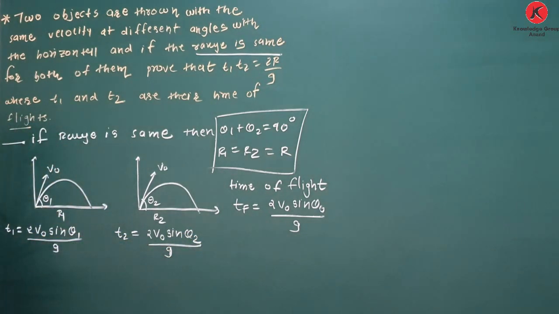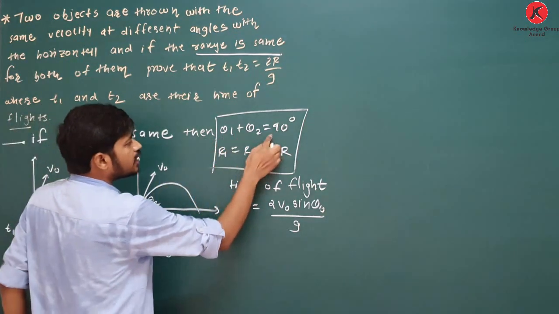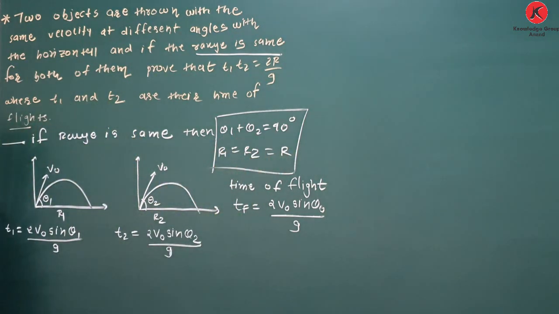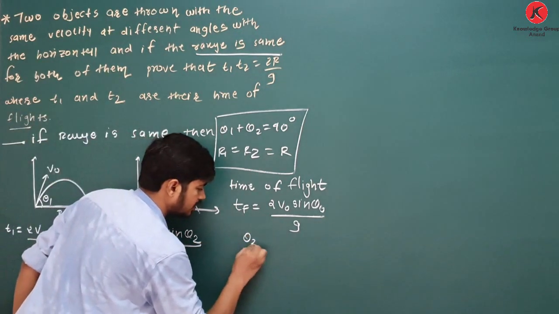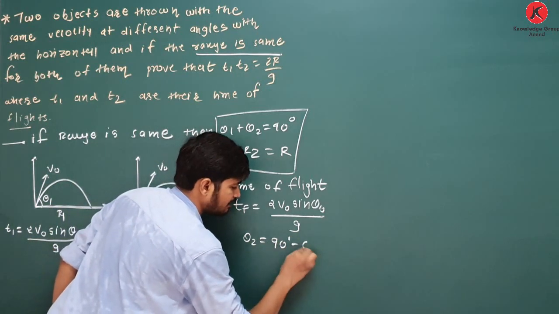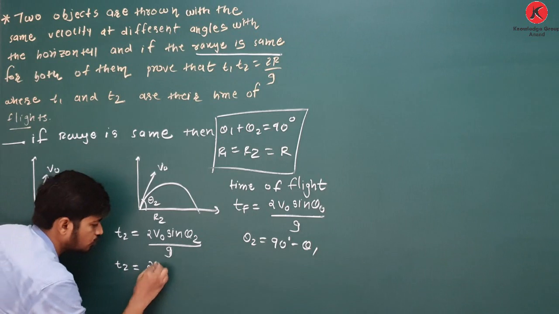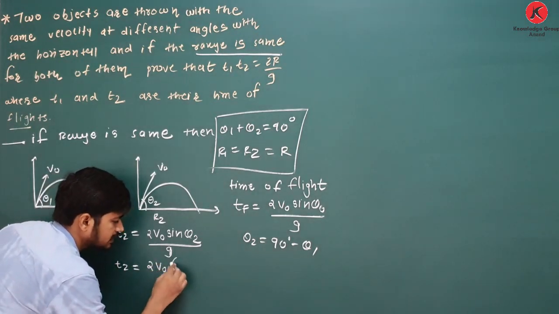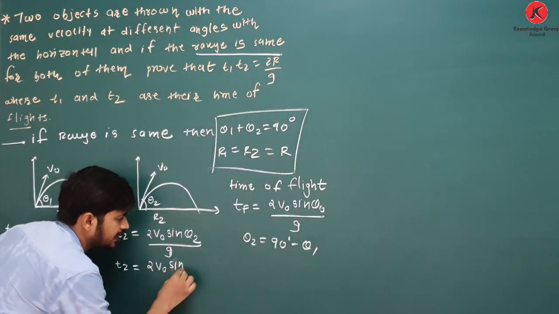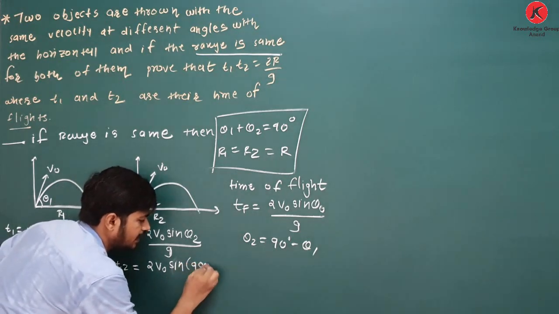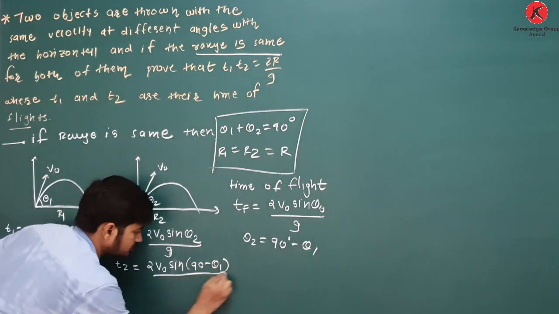Here I will change one thing. Theta 1 plus theta 2 is equal to 90 degrees, so I can write theta 2 is equal to 90 minus theta 1. So here I will put its value: T2 is equal to 2 V0 sin(90 minus theta 1) upon g.